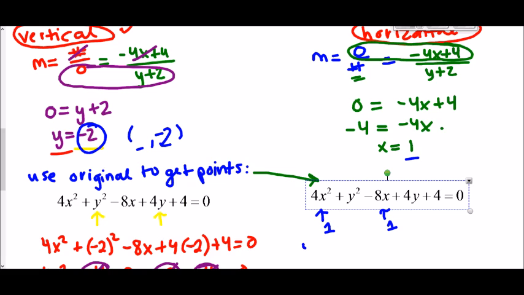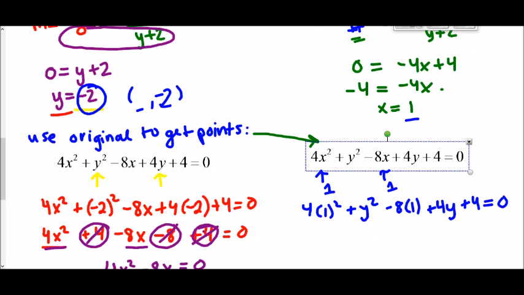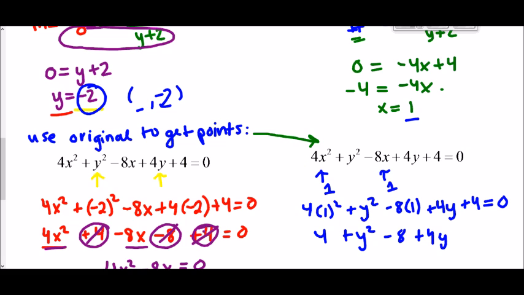So we have 4 times 1 squared plus y squared. We don't have a y to plug in this time. Minus 8 times 1 plus 4y plus 4 equals 0. So I have 4 plus y squared minus 8 plus 4y plus 4.